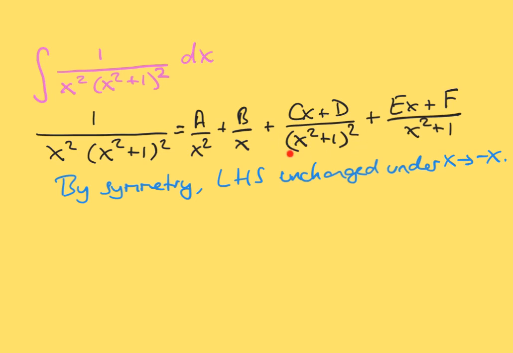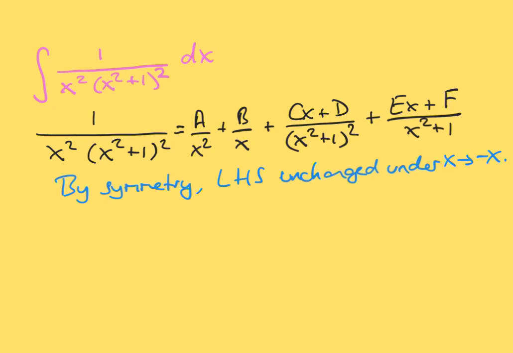Here it's preserved, and the d, of course, is not changed. It's a constant if x goes to minus x, but here it changes. That tells us c must be 0. In the same way, e must be 0 and f doesn't have to be.